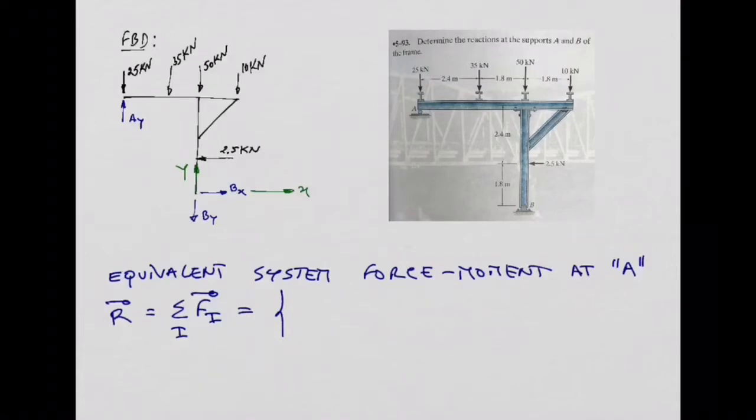What forces do we have in the horizontal direction, or x direction? What do you think? Bx. Yeah. So Bx. What else? Minus 2.5. Good. Do we have anything else in the horizontal direction? No, that's all we have, right?